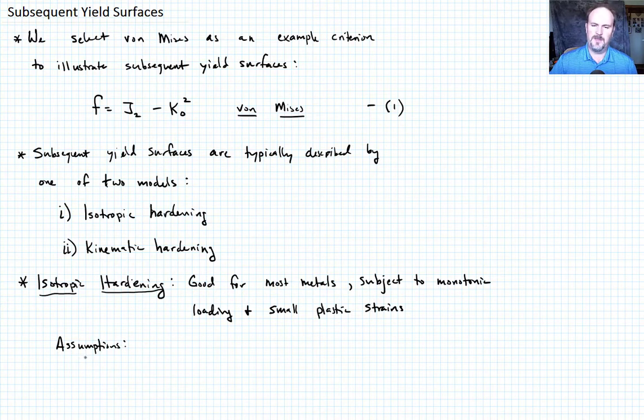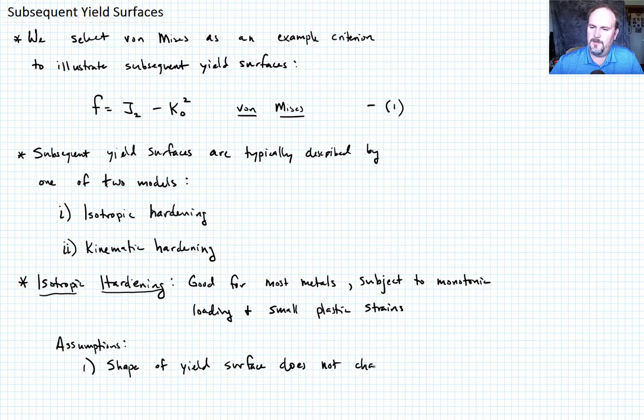Okay, and hopefully you remember this a little bit from last time. The first assumption is that the shape of the yield surface does not change. Depending on how we're viewing it, if we're looking down on the octahedral plane, then it looks like a circle, and it always looks like a circle.